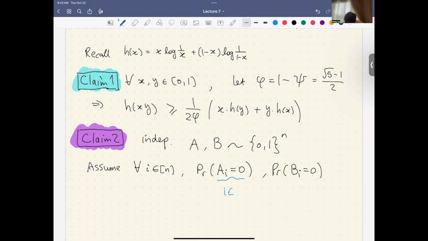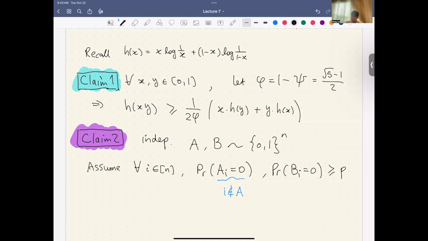The probability that A_i equals 0 is just another way of saying i is not in A, right? If you randomly sample set A, this is the characteristic vector. A_i equals 0 just says the element i in the ground set does not lie in A. Okay. Suppose this probability is at least p.